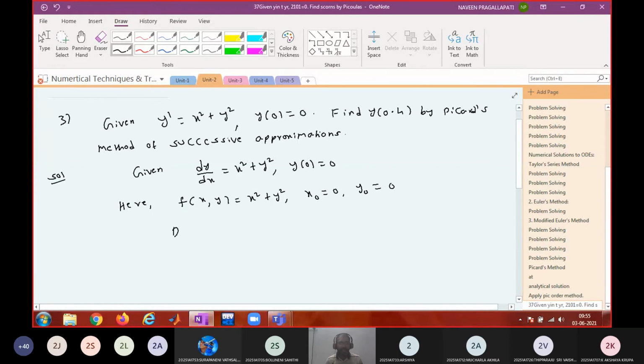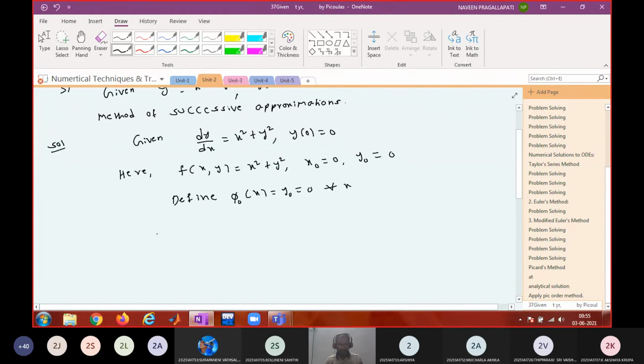So define y not. Apply Picard's method. Now I am not going to integrate and simplify. You have to integrate and tell me the integral value.